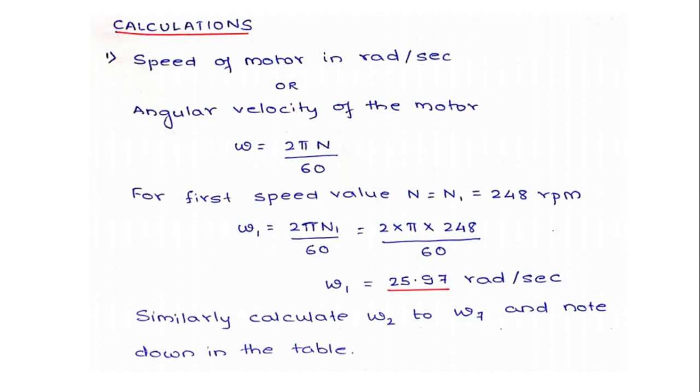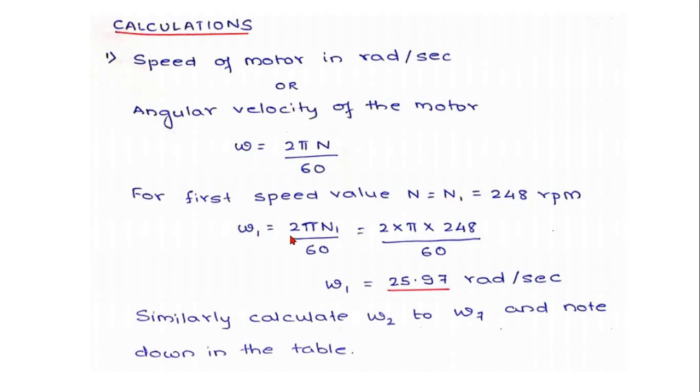The first step in the calculation is the speed of the motor in radians per second, or the angular velocity of the motor. It is given by the equation omega is equal to 2 pi n by 60. For the first speed value, we denote it as n1, so n1 is 248 rpm.